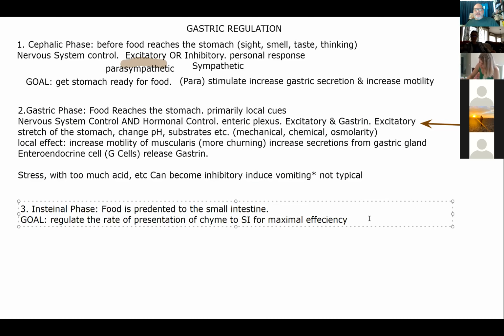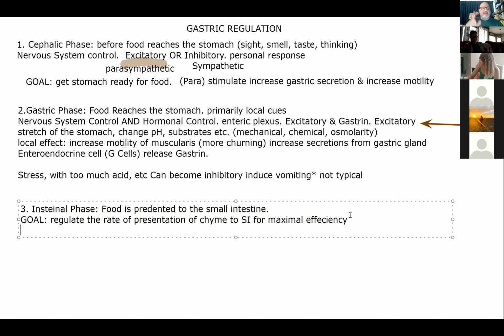Towards that end, this process is going to be both excitatory and inhibitory. It's going to be excitatory first, but only briefly.